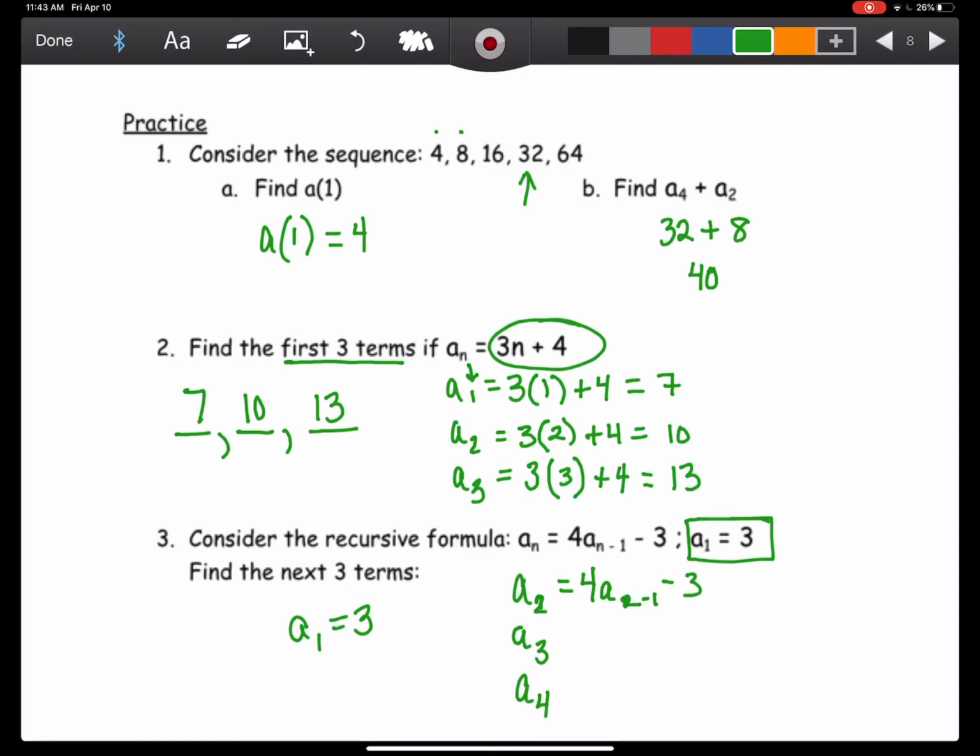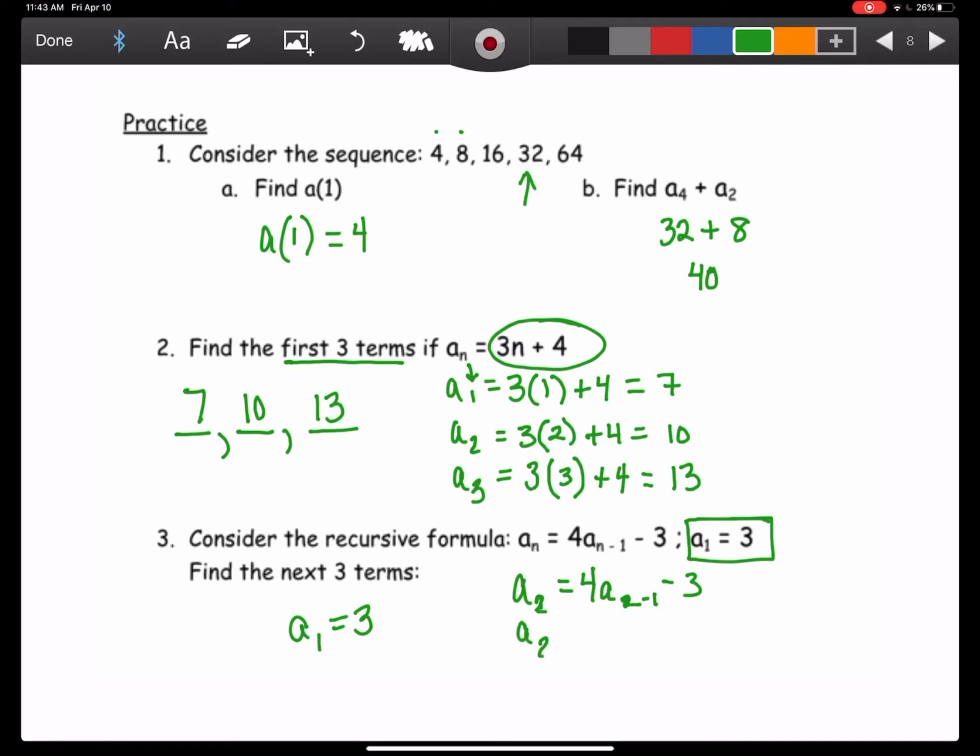Notice how the subscript and the regular numbers need to look different. Even mine is, of course, messy, but... So what does this mean? All right, so I'm going to erase these next terms because I'm going to run out of room. So a sub 2 equals 4 times whatever a sub 2 minus 1 is equal to. So I'm going to work it out. What does this look like?